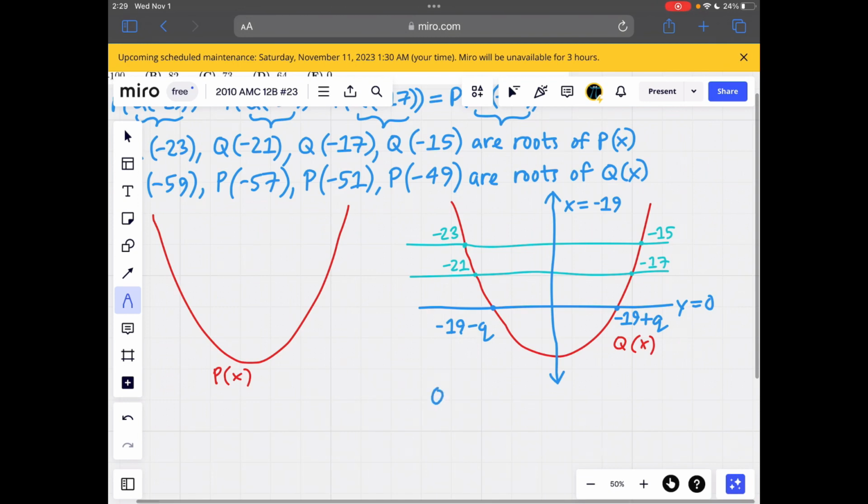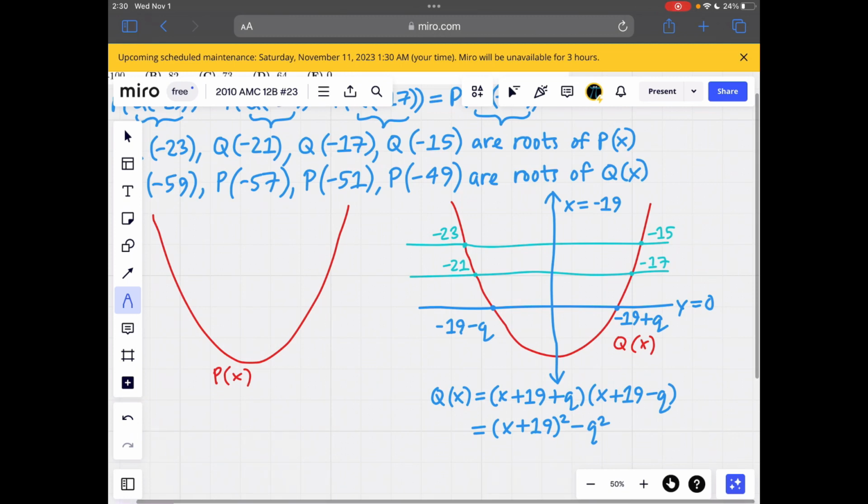We can call it q of x equals x plus 19 plus q, from the first root at minus 19 minus q, times x plus 19 minus q. It needs to have leading coefficient of 1. So it's x plus 19 plus q times x plus 19 minus q, and that's equal to x plus 19 squared minus q squared.